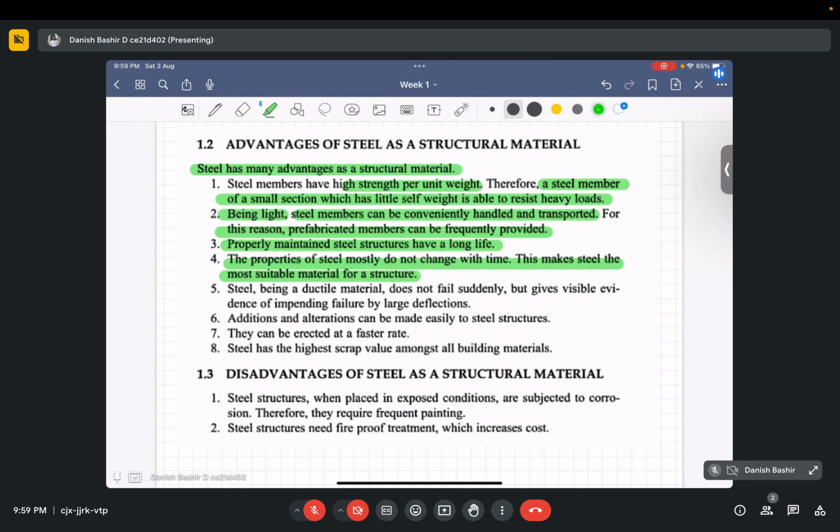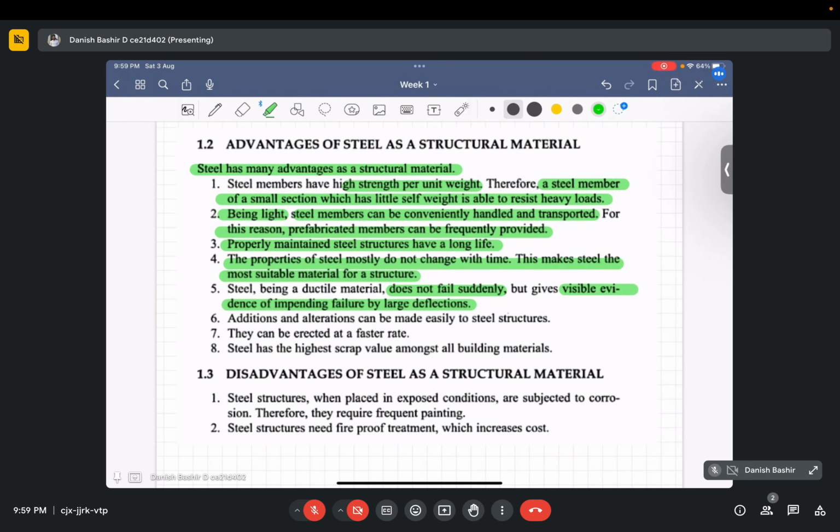As you are well aware, steel is a ductile material as compared to concrete, which is brittle in nature. So it does not fail suddenly. If a structure made up of steel has to fail, it gives visible evidence of impending failure by large deflections.